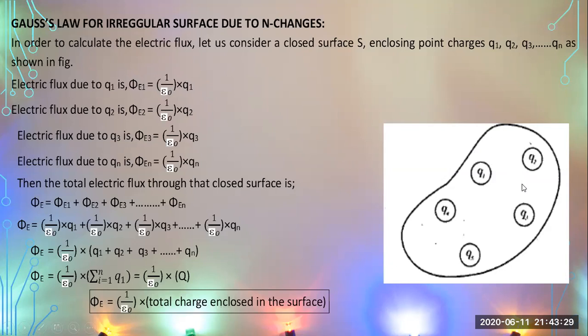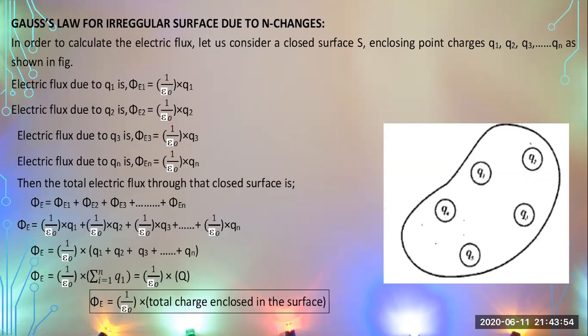So you have calculated for each and every charge, and after getting the electric flux of all the charges you have added, and at the end you are getting the total amount of charges of the closed surface equal to capital Q. And this is basically electric flux through an irregular surface, equal to 1 over epsilon naught times the total amount of charge enclosed in the surface.